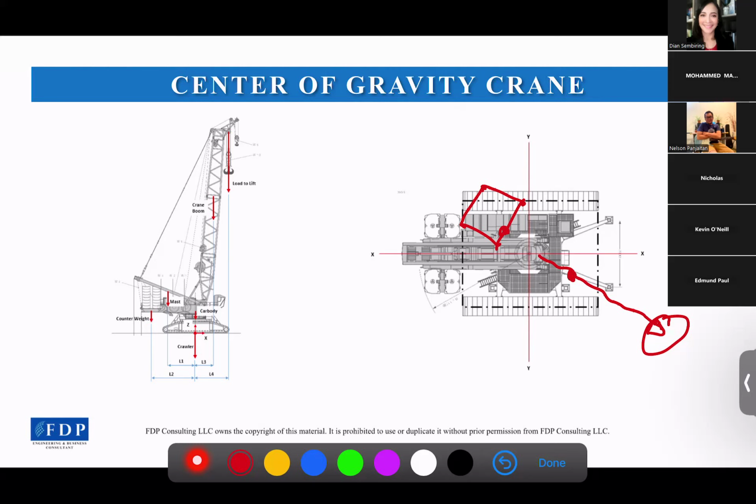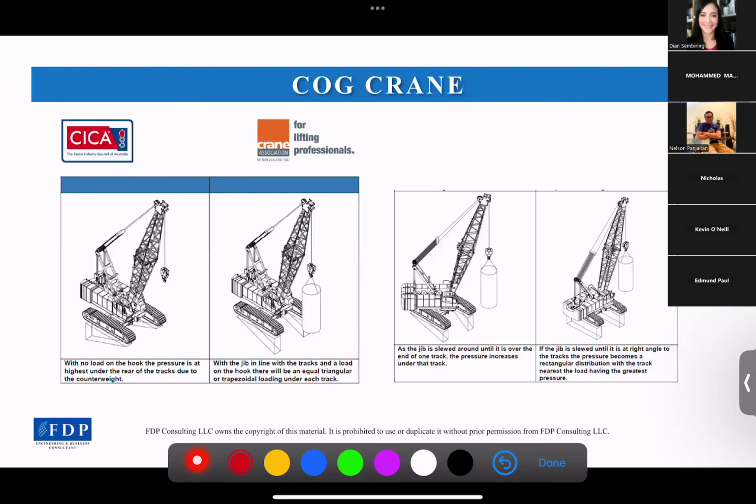If there is no load at the hook, then the COG is only affected by the counterweight. And for sure, the COG will be behind the crane's center. And if the COG is at the behind, then for sure the track at the behind will get the biggest pressure than at the front.